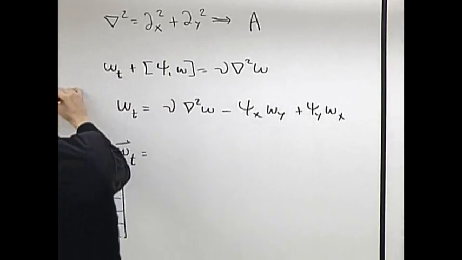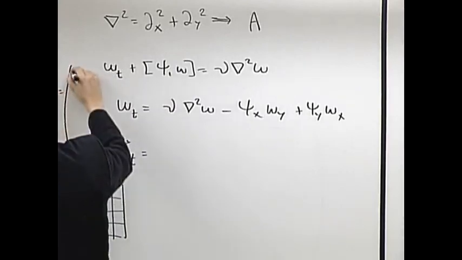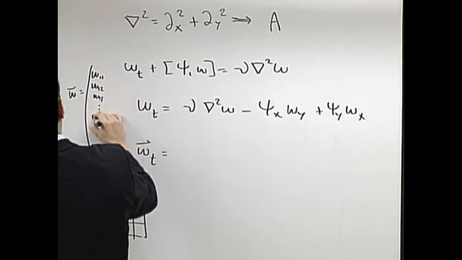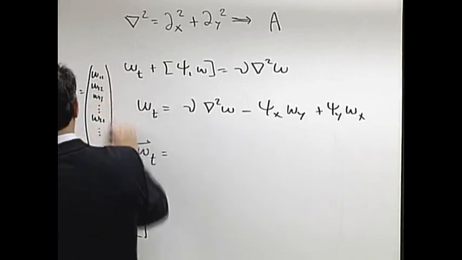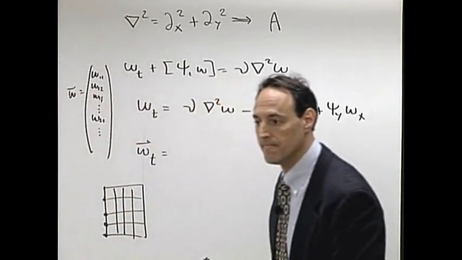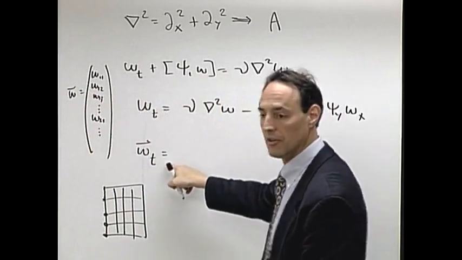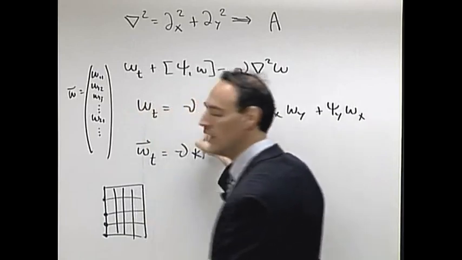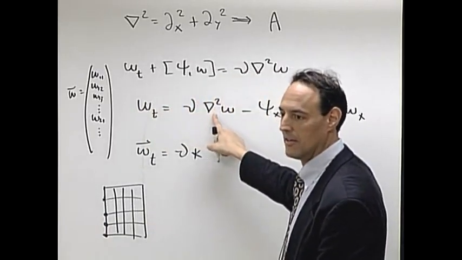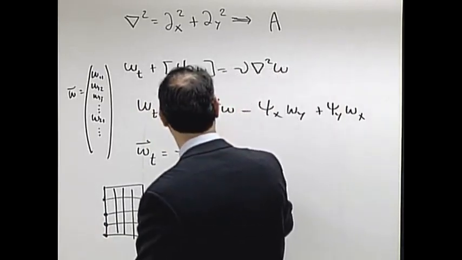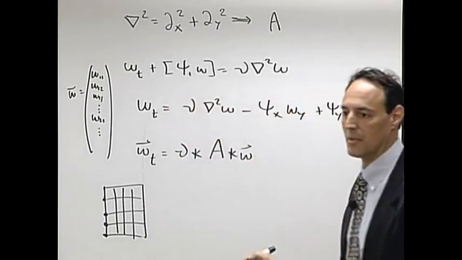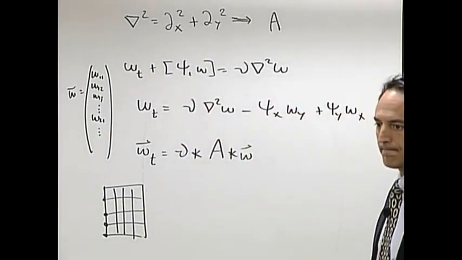So omega is omega 1,1, omega 1,2, omega 1,3, and then omega 2,1. That's how we arranged the data. And so this is equal to nu times that del squared, which is just a matrix multiply.